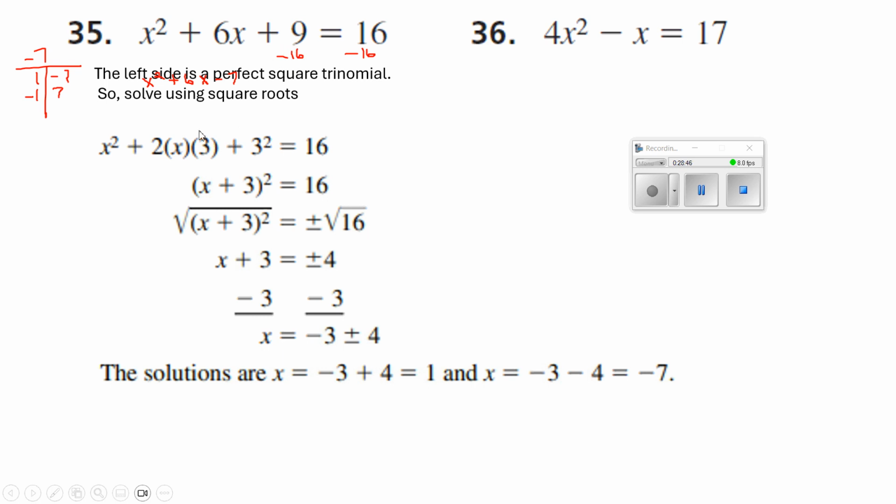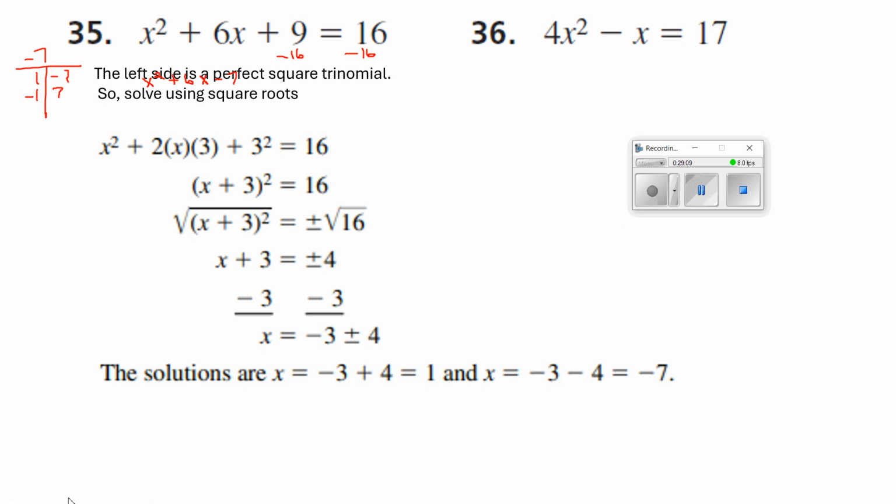So I can go ahead and say that 3 times 3 is 9, right? And I can say that 2 times x times 3, that's going to give me 6x. And then that's going to leave me x plus 3 squared equals 16.